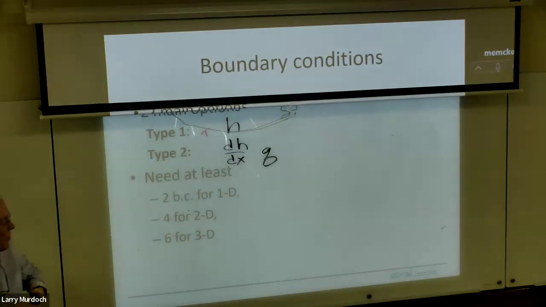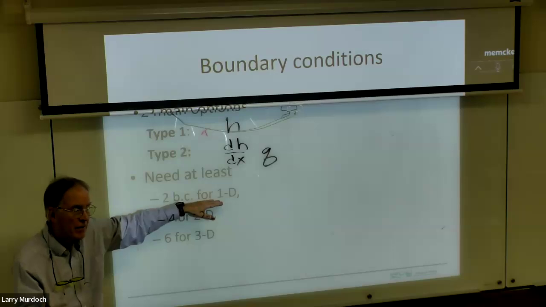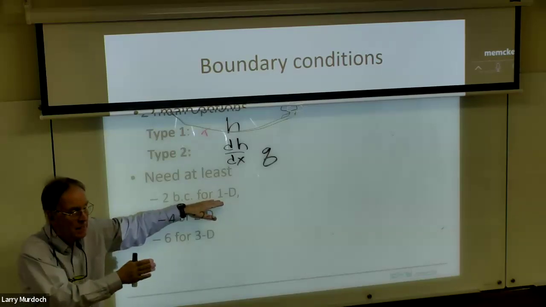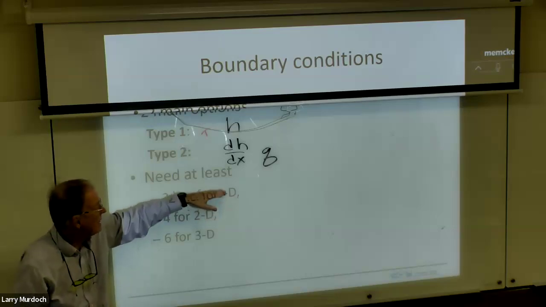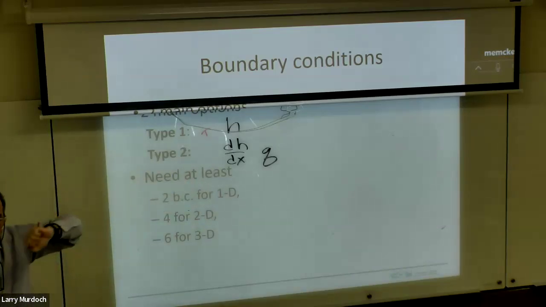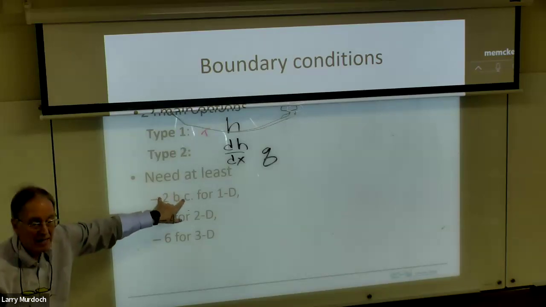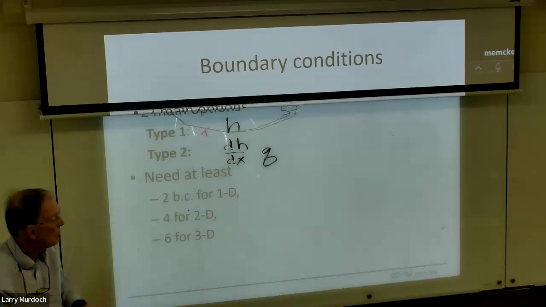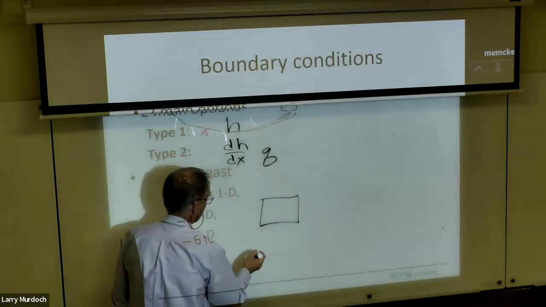Now we saw that 1D problem. The way we did it was we integrated, we got a second derivative, we integrated it twice. Each time we integrated it, we got a constant, and we needed a boundary condition for each one of those constants. So if we have a 1D problem, we need two boundary conditions. If it's a 2D problem, then it's like this.